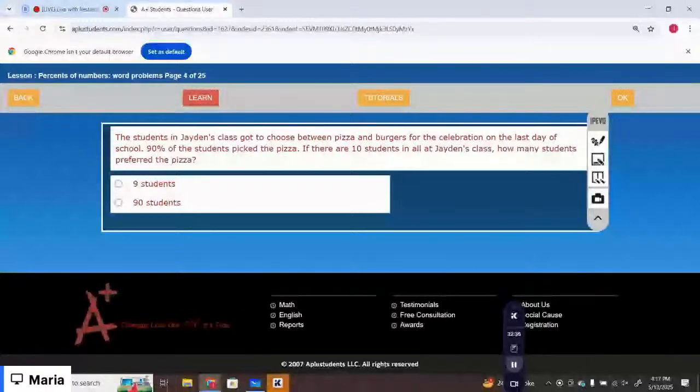The students in Jaden's class got to choose between pizza and burger for the celebration on the last day of school. 90% of the students picked the pizza.